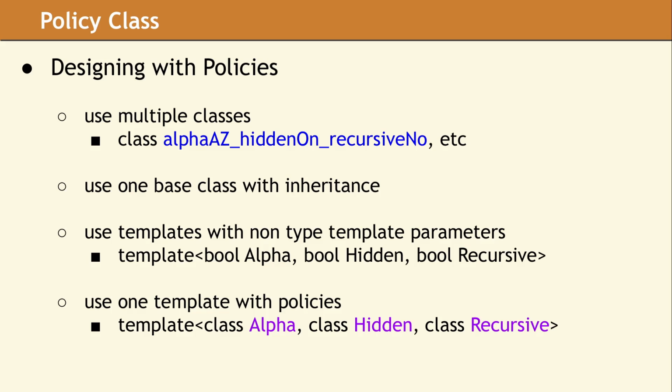Even though no data types will be passed, the template needs to know which options should be turned on and which should be turned off. This can be done using non-type template parameters to pass 3 Boolean values. Having the options evaluated at compile time is an advantage.